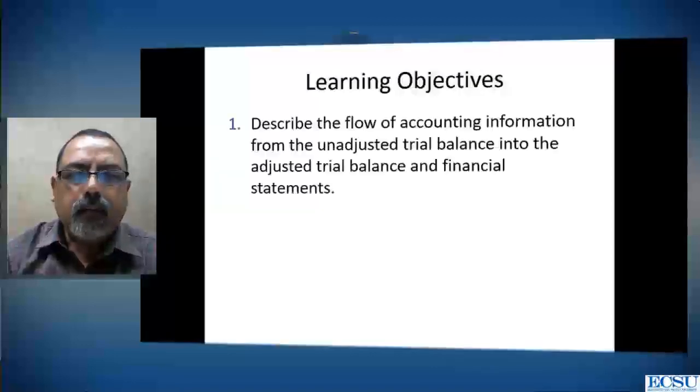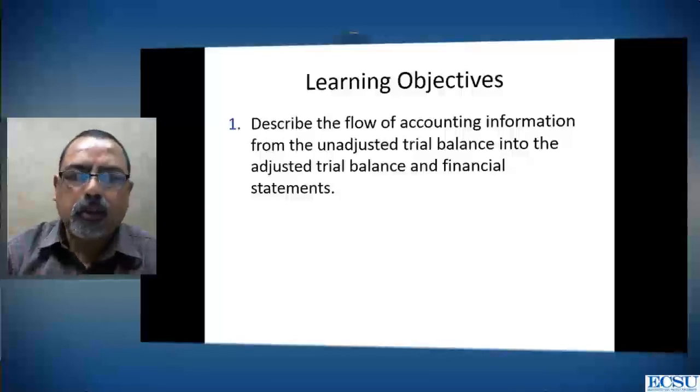Now, the learning objective number 1 for this chapter is to describe the flow of accounting information from the unadjusted trial balance into the adjusted trial balance and then to the financial statements. So in the previous chapter, chapter number 3, we learned about how we will be doing the adjusting entries and then posting those adjusting entries in order to calculate the adjusted trial balance.